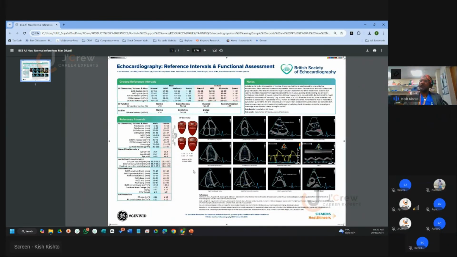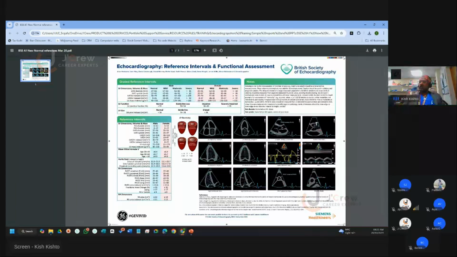And again, with the LV mass, it will be eccentric remodeling, concentric hypertrophy, and all these things. But you need to put in your height and weight, gender, and the dimension of the septum, posterior wall, and LV dimension during diastole. You will need all these values to work out your LV mass.